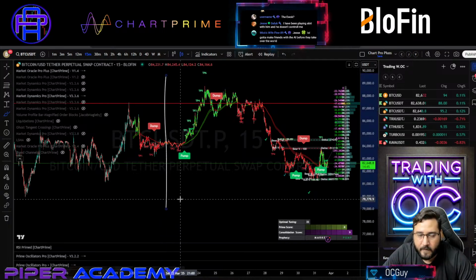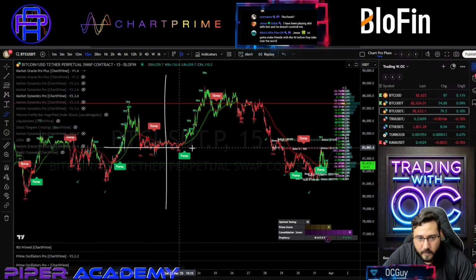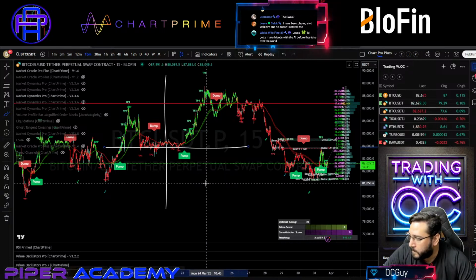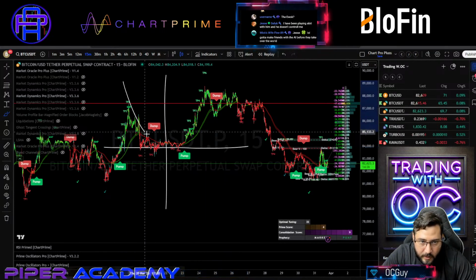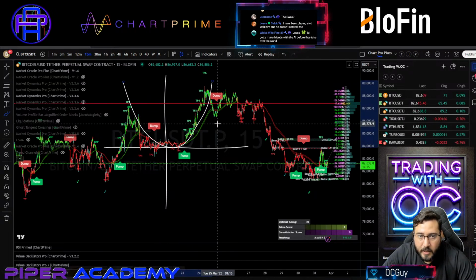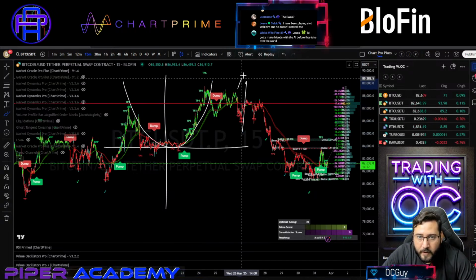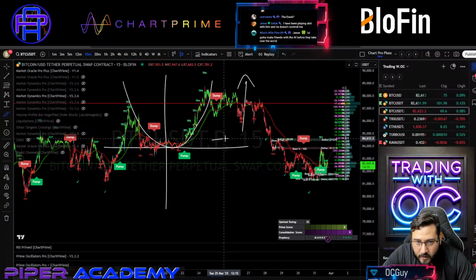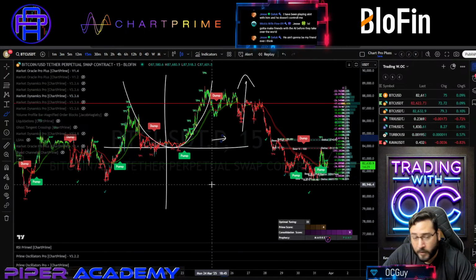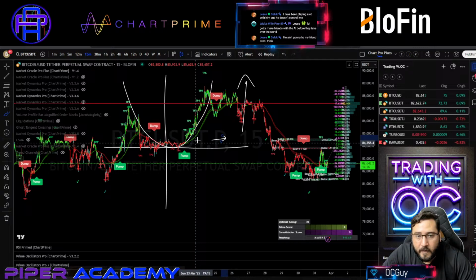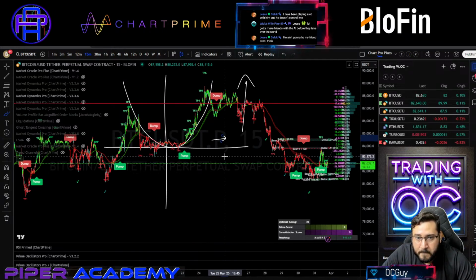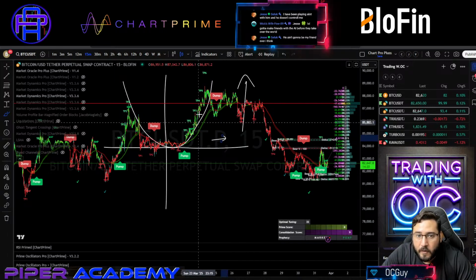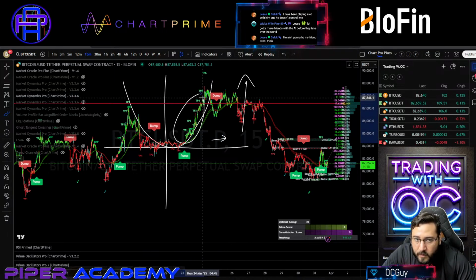If I have X and Y, a circle or a parabola, let's go for a parabola, it's just one growing much faster than the other one. So wherever that parabolic growth is, it is also going to be leaving a lot of liquidity to be taken.